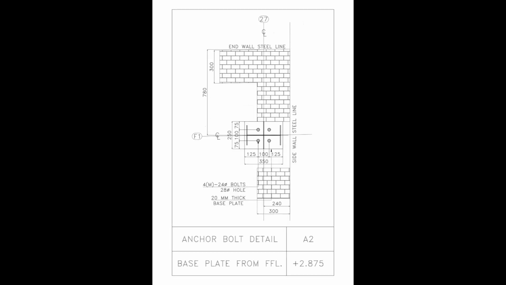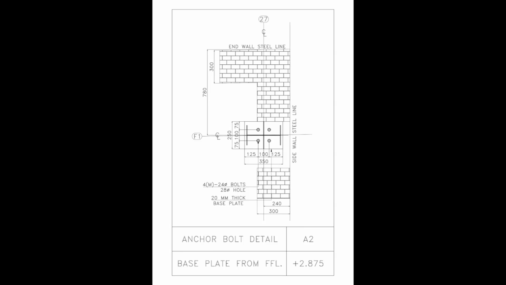Now we have anchor bolt detail A2. This is another special corner condition at grid line 27 and F1. The base plate is 350 by 250 millimeters and uses 4 M24 bolts with 28 millimeter holes. The drawing clearly shows the relationship between the base plate, end wall steel line, side wall steel line, and surrounding wall geometry.